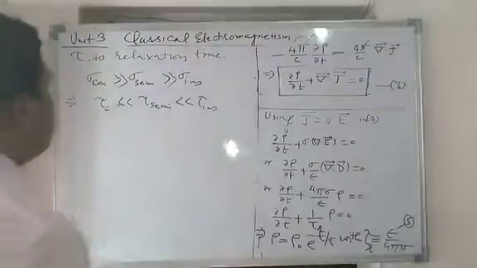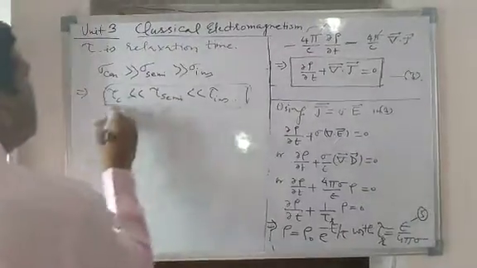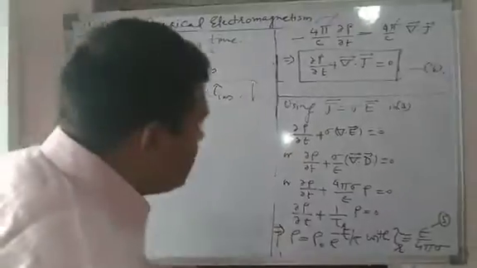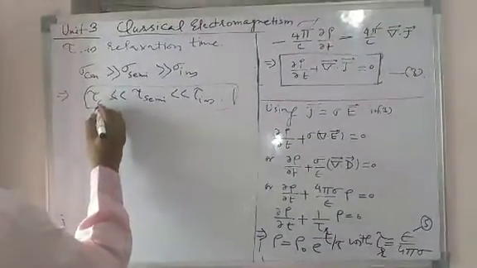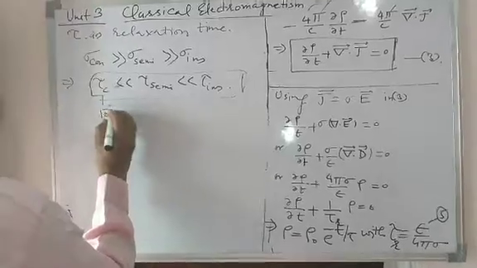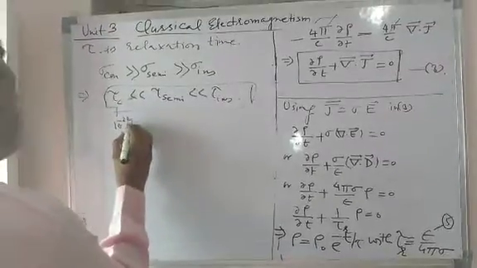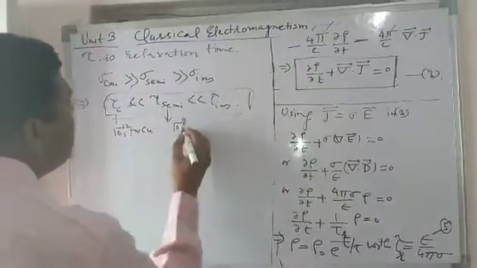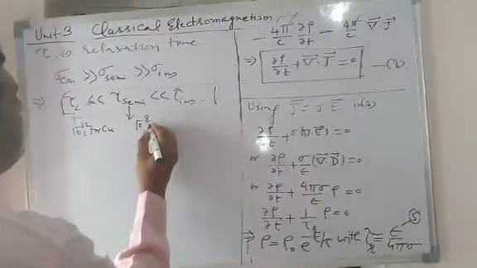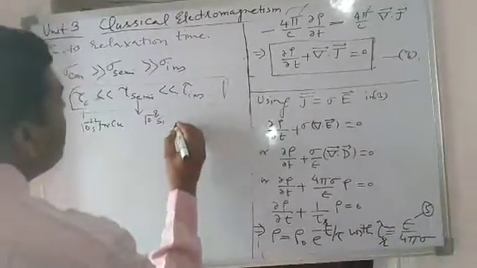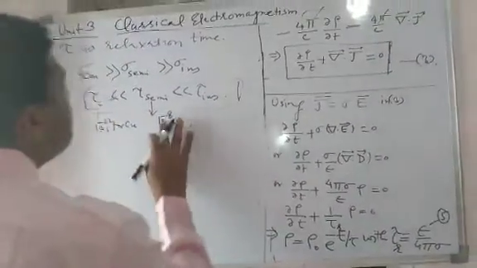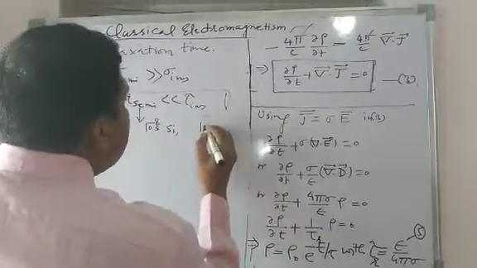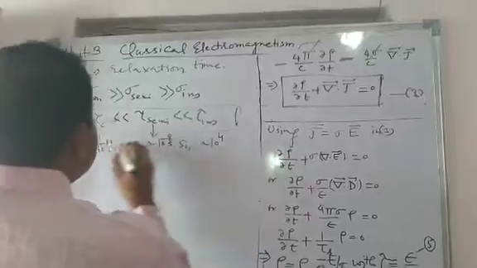To give some idea of how much these numbers vary: tau for copper is about 10 to the power minus 22 seconds, for silicon about 10 to the power minus 8 seconds, and for quartz about 10 to the power 4 seconds.